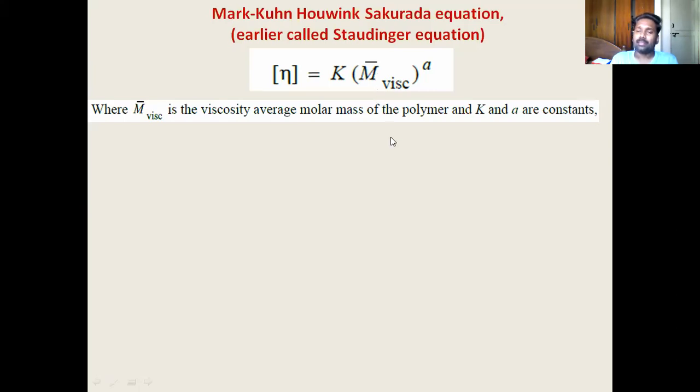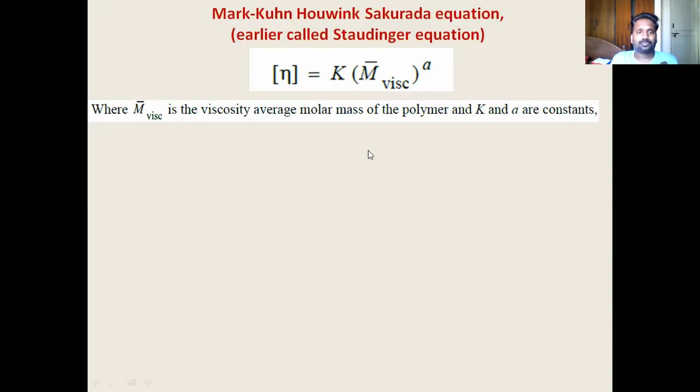The molecular weights determined from different types of experiments will have different values. Even I showed you a relationship between different molecular weights: number average, weight average, Z average, and viscosity average. It was varying, right? Okay, fine.